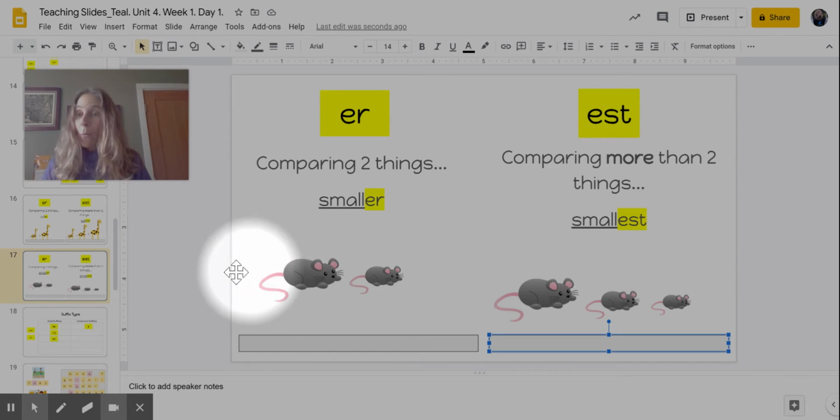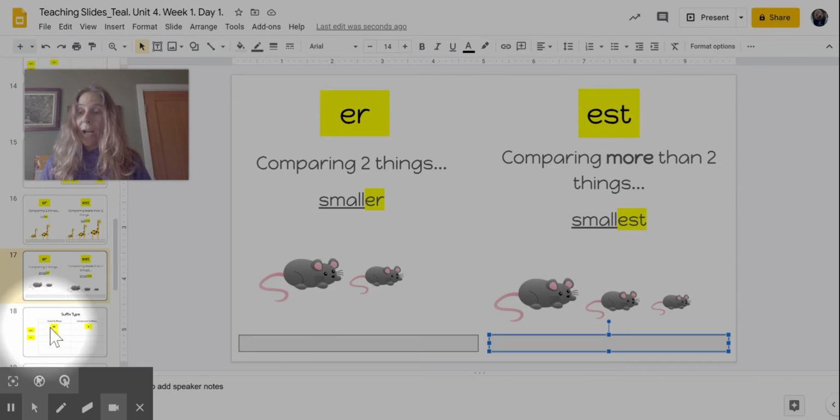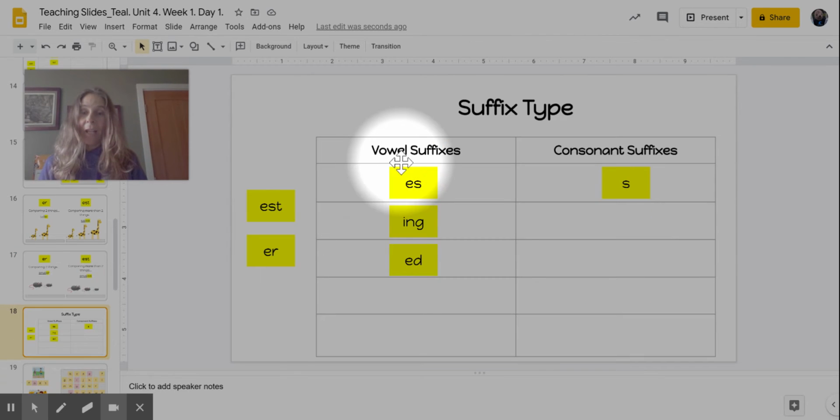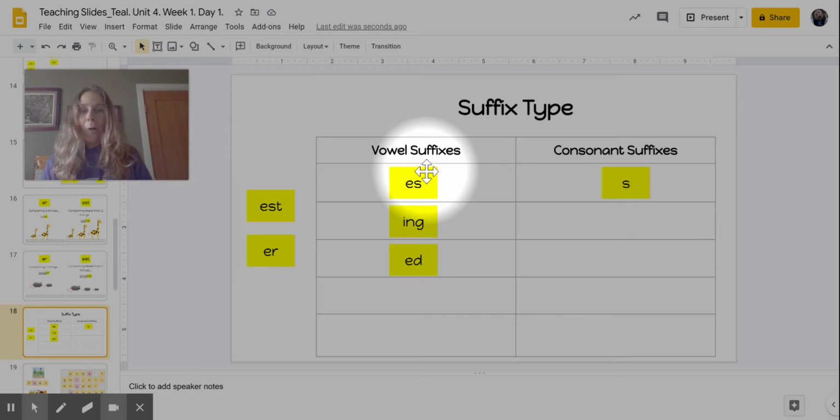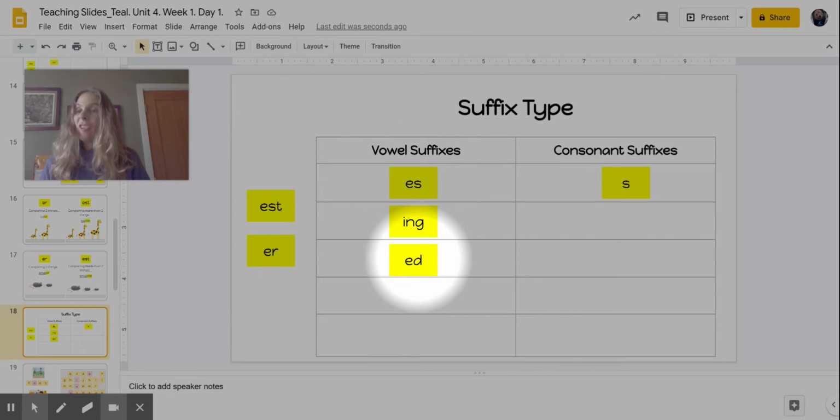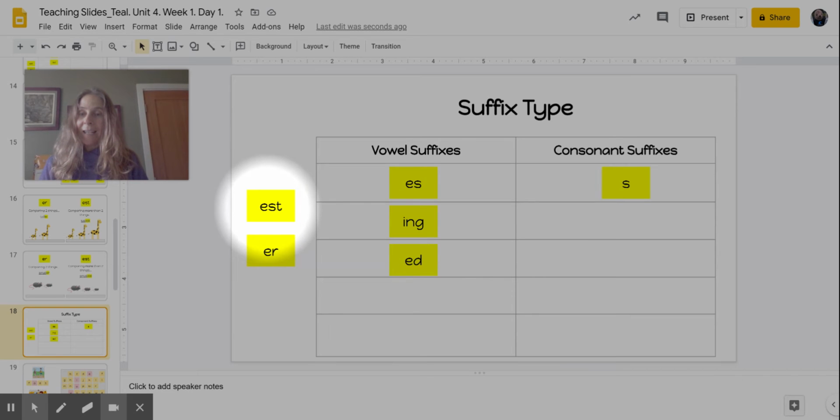Okay, now we've looked at those suffixes. Let's take a look again at our suffix types. So we have vowel suffixes and we have consonant suffixes. So far, our poor consonant suffix S is all alone over here. So let's take a look. Our vowel suffixes, remember, they start with vowels. So let's sort -est, E-S-T, est.